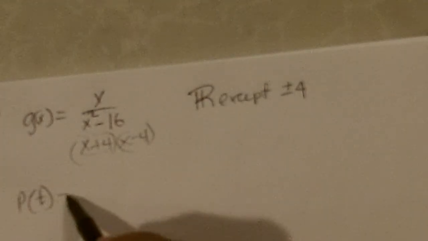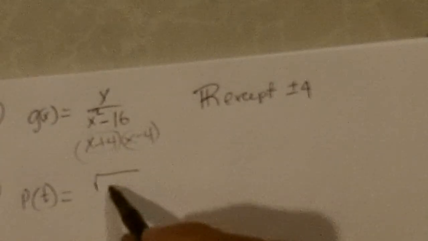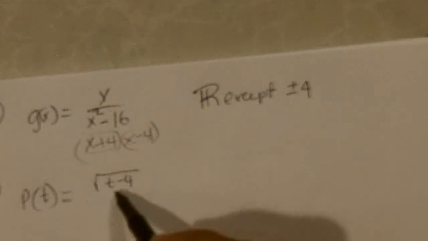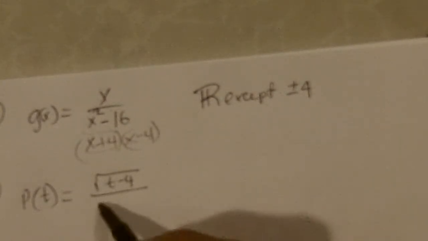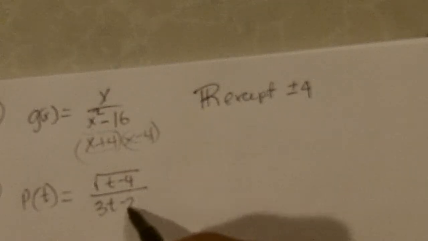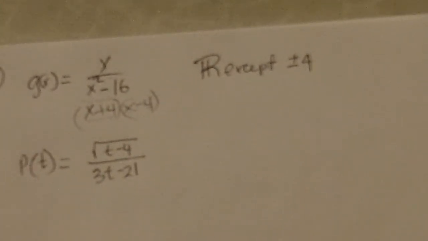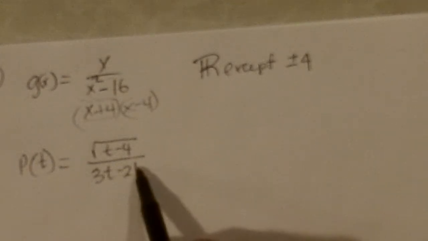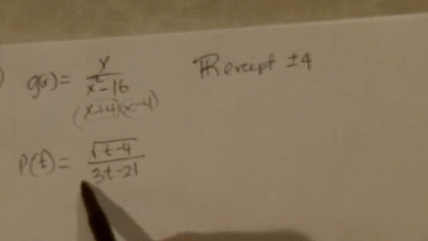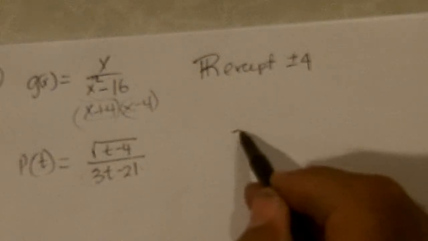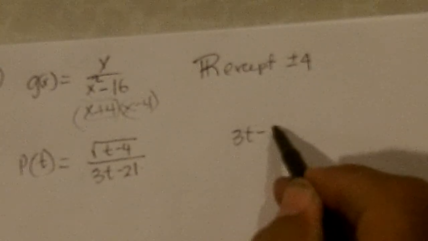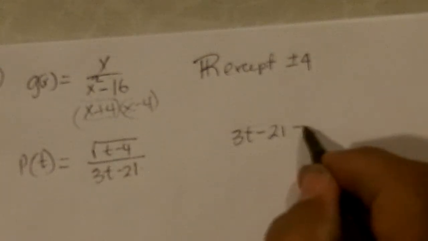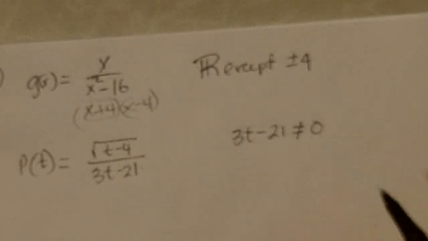Then we've got 65, and it says, what's the domain of p of t, which is the square root of t minus 4 over 3t minus 21. Okay, this one I want to make sure you really understand. Division, the denominator can't equal 0. 3t minus 21 cannot equal 0.